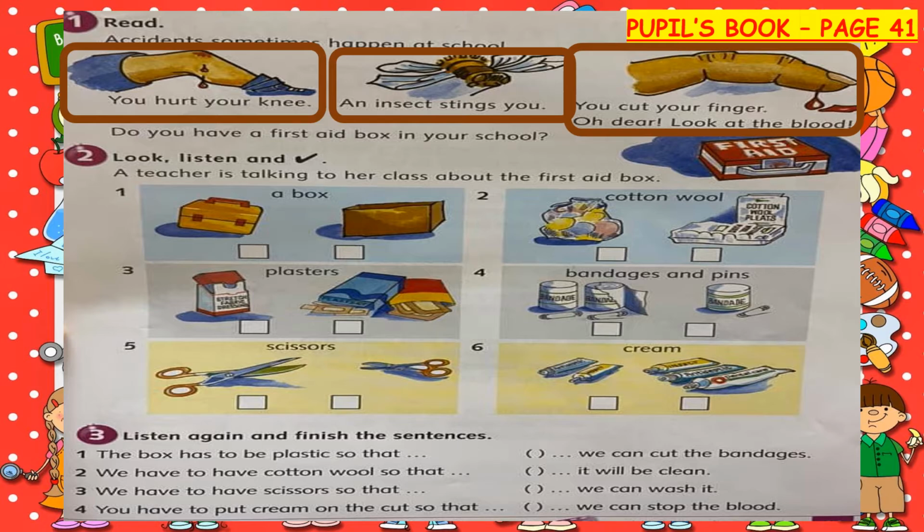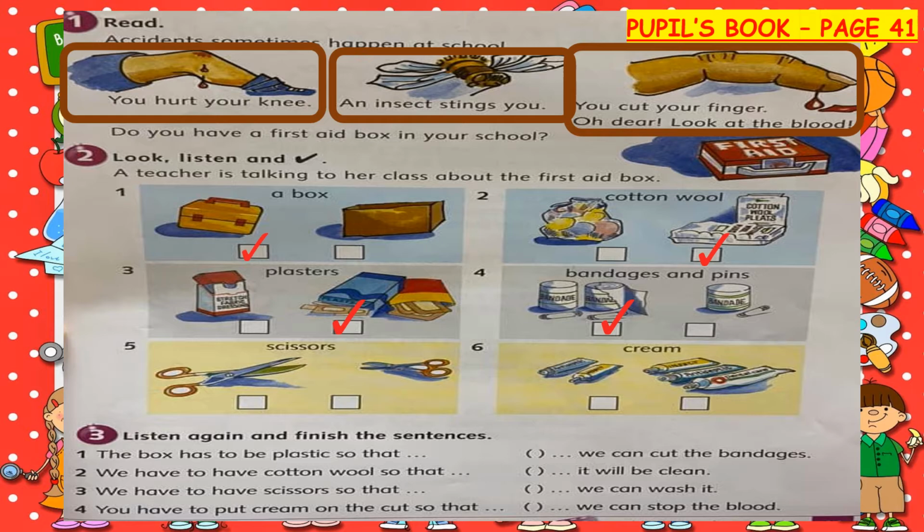Alright, so let's do now number 2. So number 1, a box. 2, cotton wool. 3, we have to have some plasters. 4, we also have to include bandages and pins in the first aid kit.